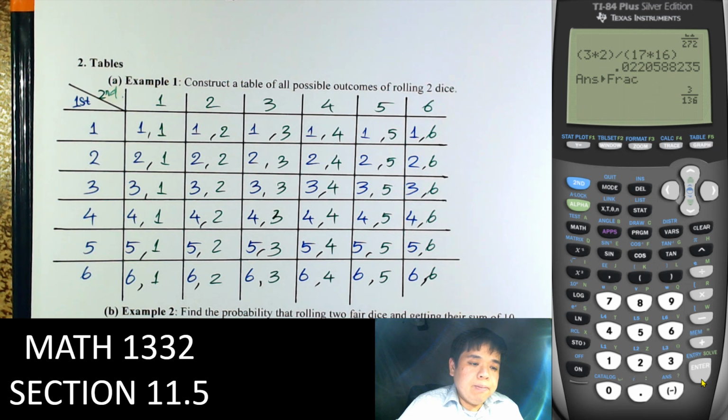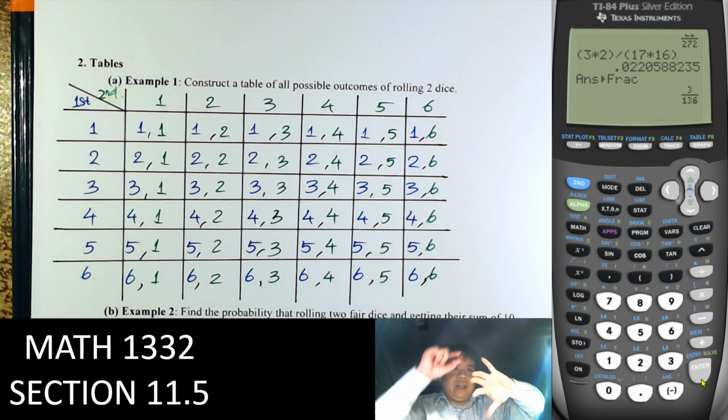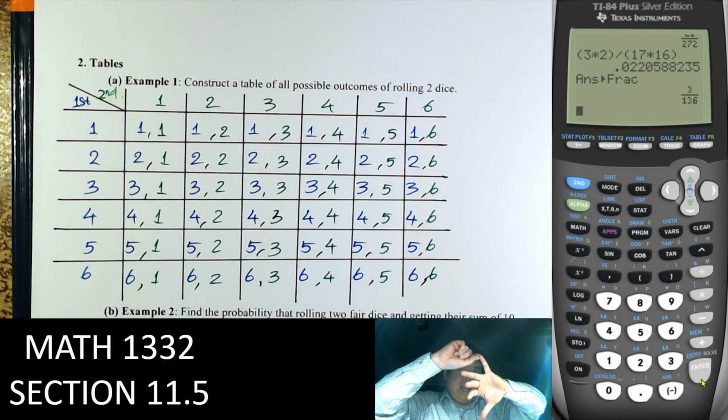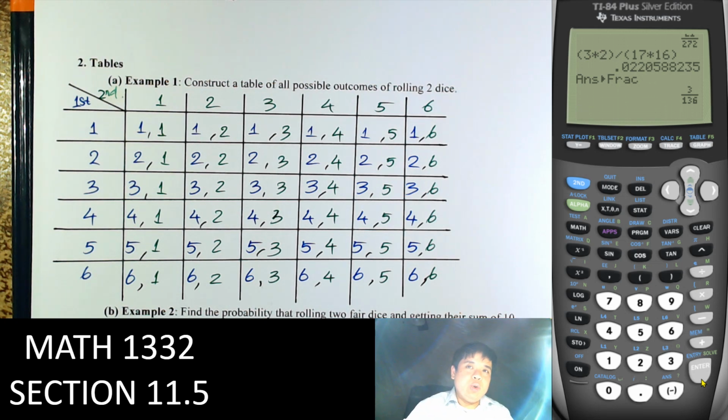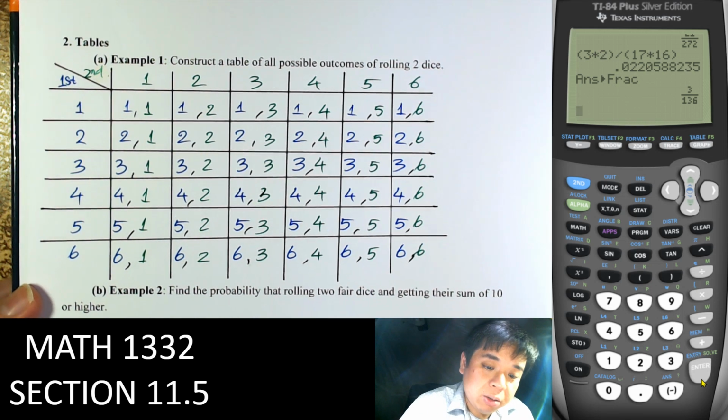Right. And because there are 6, if we talk about the tree diagram, it would have 6 branches and each would again have 6. So 6 by 6, there are 36 possible outcomes.